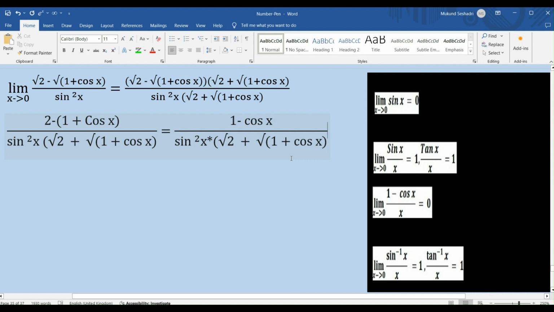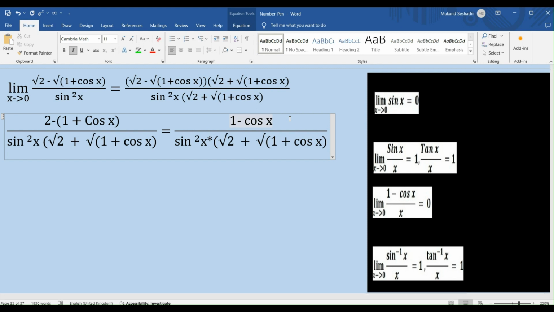So we have a video which deals with a very similar problem, and in those problems, I have done a double rationalization, right? So you first rationalize the root expression to arrive at what we see on your screen here, which is 1 minus cos x divided by whatever you have in the denominator. And I notice that I have a sine square x, right?